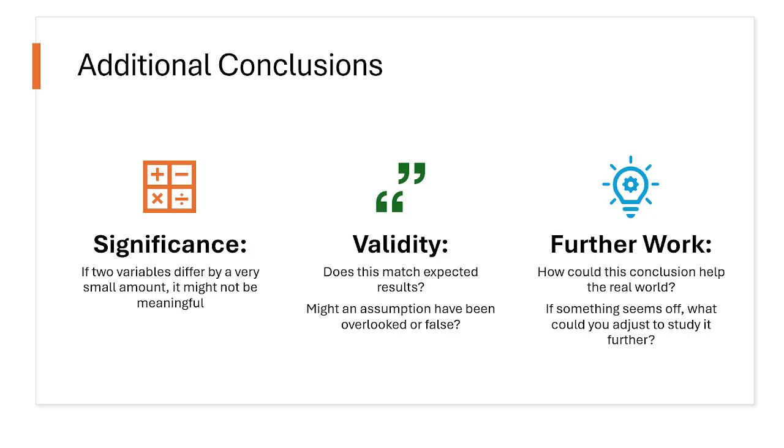There are a number of additional conclusions you should think of. It's not just blanket significant versus not significant. There's all sorts of nuances you can put in your conclusions. So first off, significance. Imagine two variables are significant, but only across a tiny margin, like 0.1.